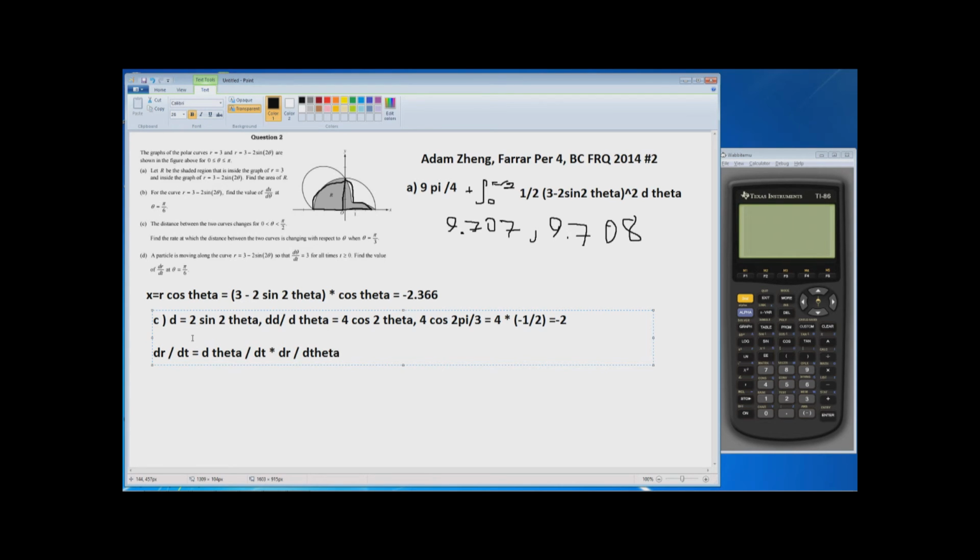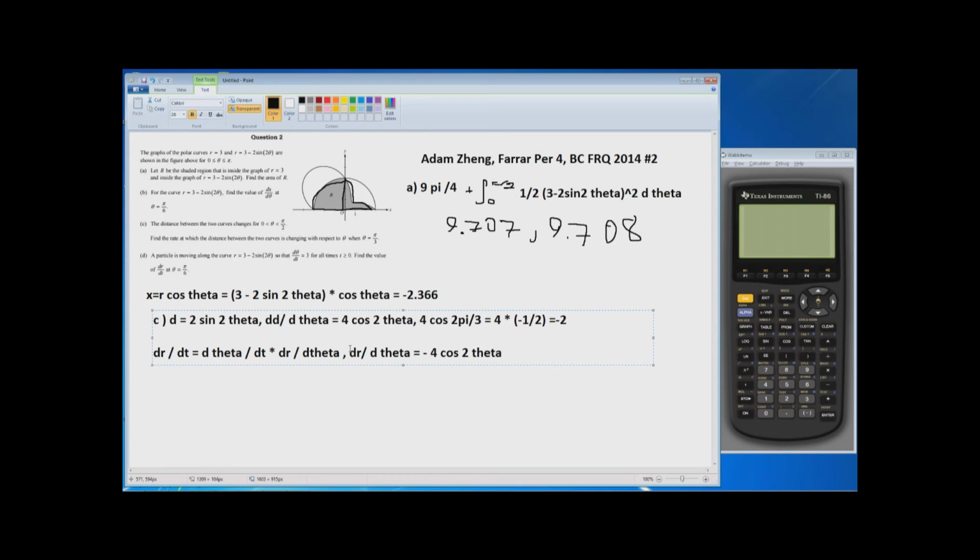And what is dr d theta? Okay, that's just right here. We can easily calculate this. dr d theta equals 0 minus 4 cosine of 2 theta, or just minus 4 cosine of 2 theta.